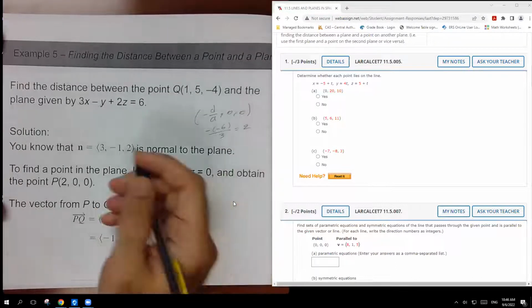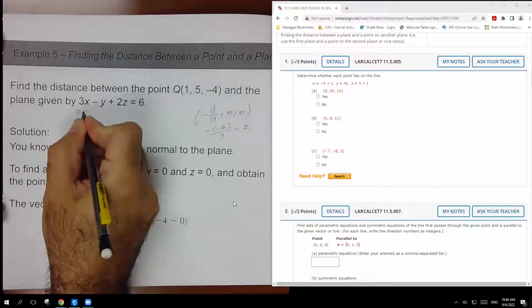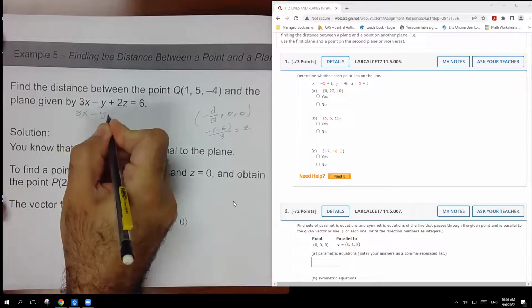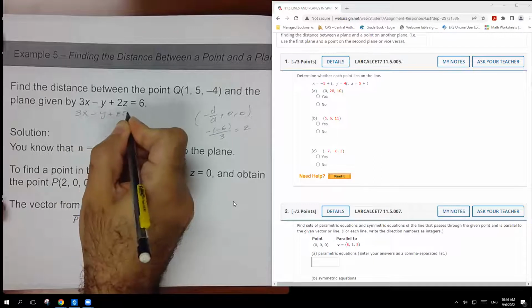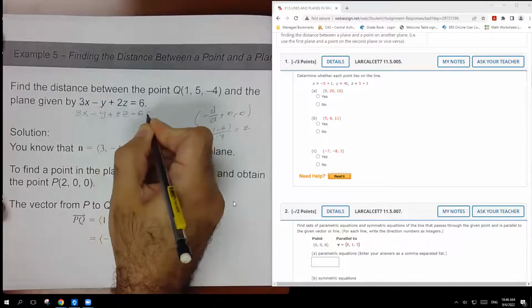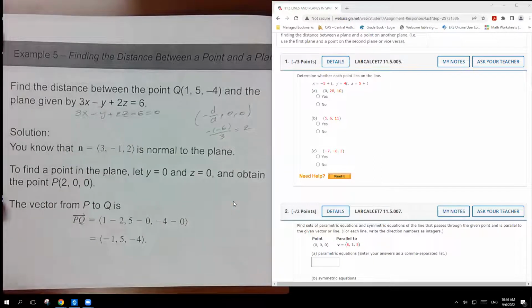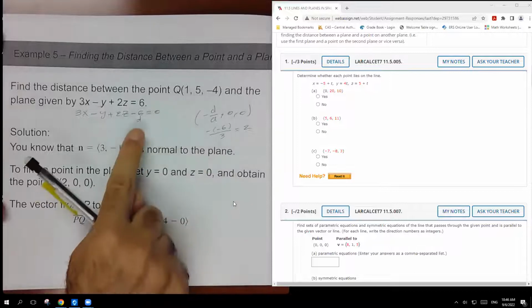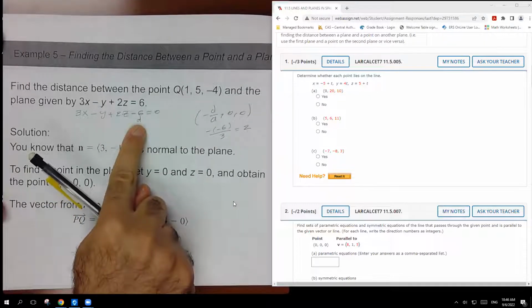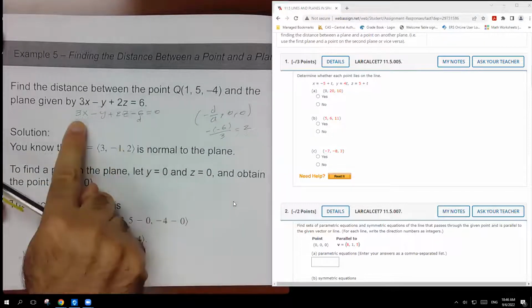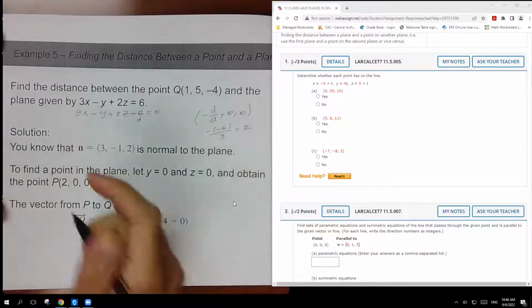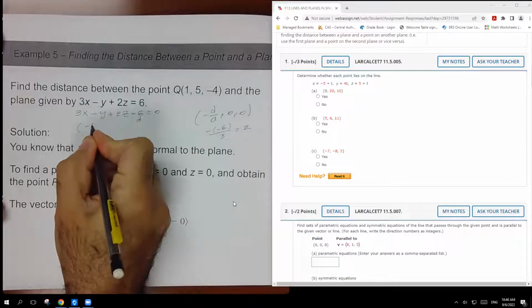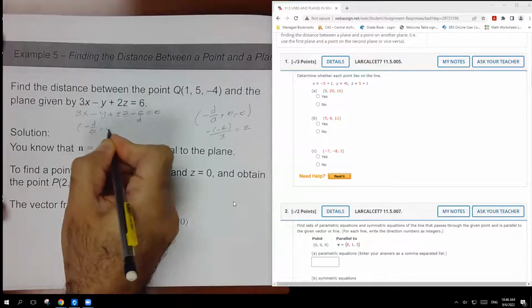So here's the equation: 3x minus y plus 2z minus 6 equals 0. This is the general form, right? The right side equals 0. So this is the d. You can choose negative d divided by a, with the 0, 0, to get a point.